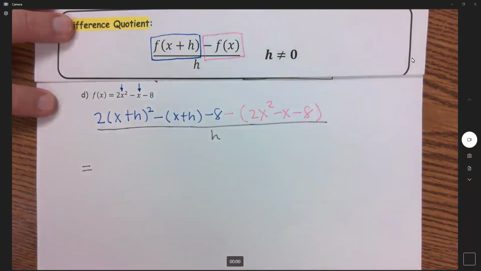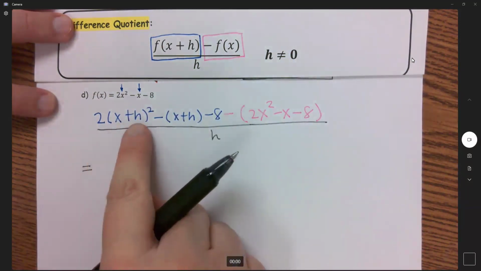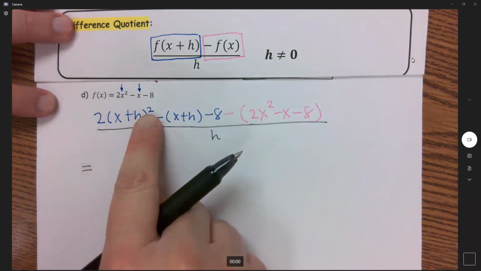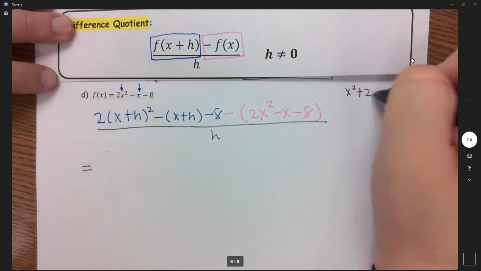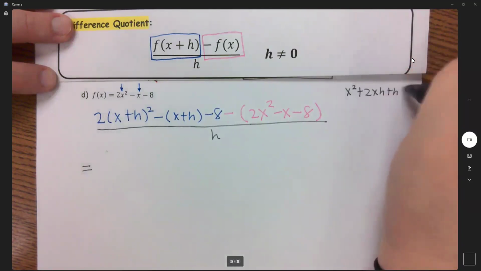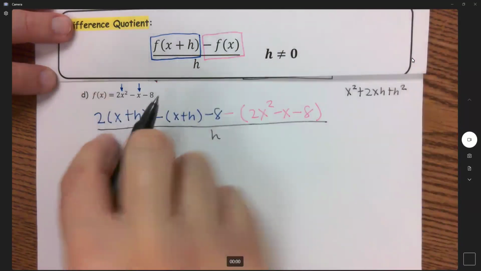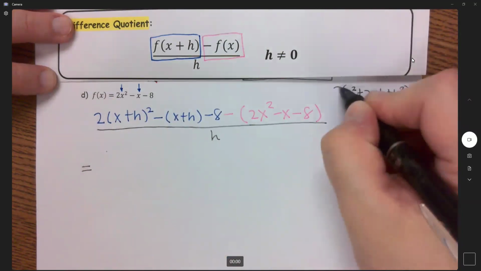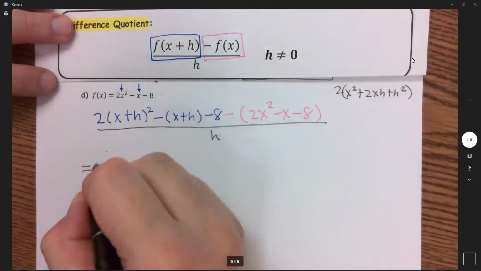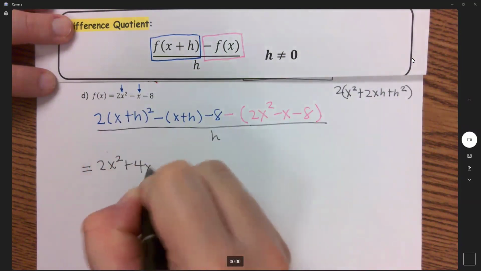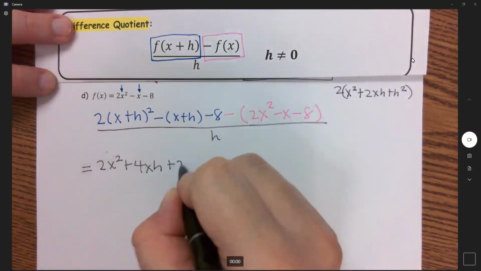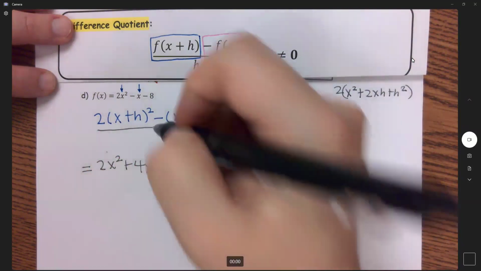I'm going to do this all in one step. So x plus h quantity squared is x squared plus 2xh plus h squared. And then I'm going to distribute that 2 into all of it. So that is 2x squared plus 4xh plus 2h squared.